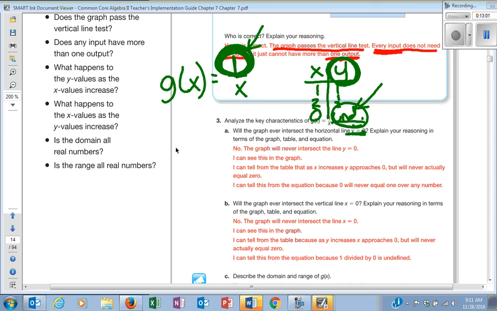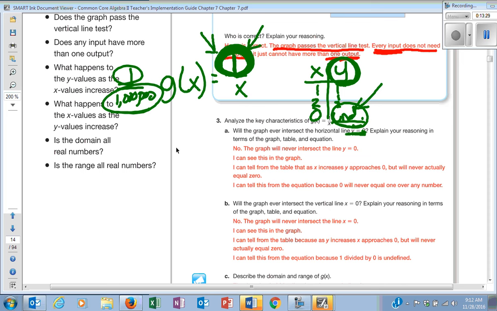I can get 1 over a million, and yeah, it's tiny, but I've still got something. I've got a little tiny chunk of a million. So my output can never ever be 0, because I have something in the top. The top will never be 0. Now, if I can make the top become a 0, then my output can become 0. But right now, with this just being a constant, there is no.